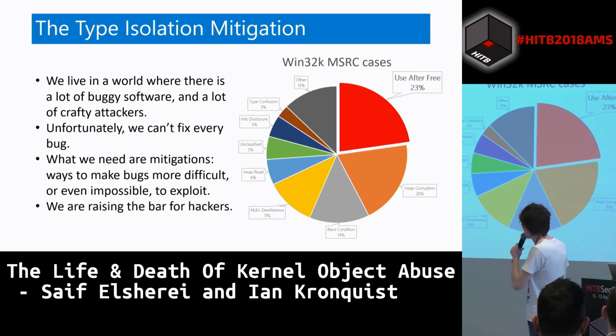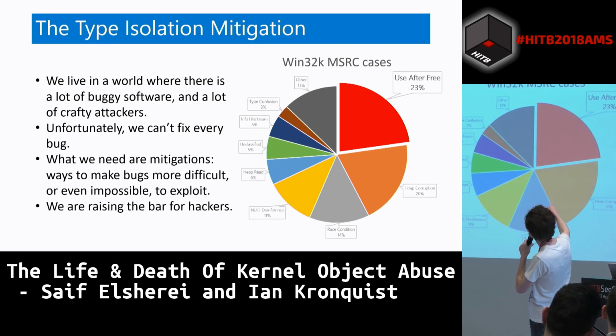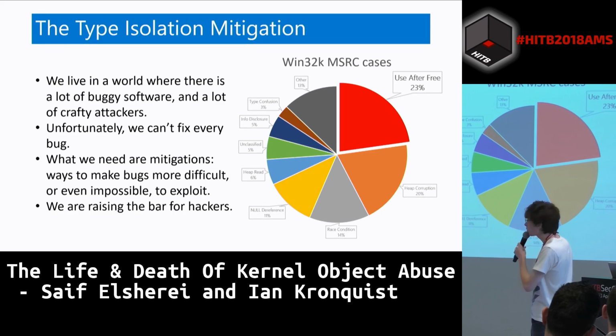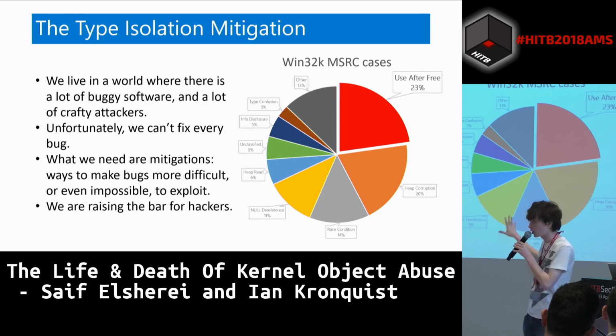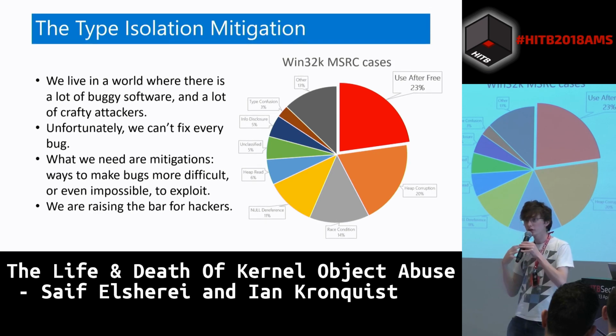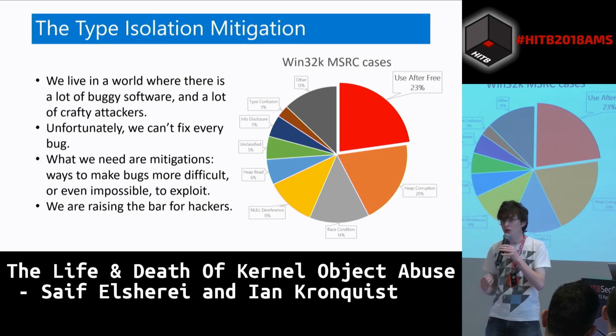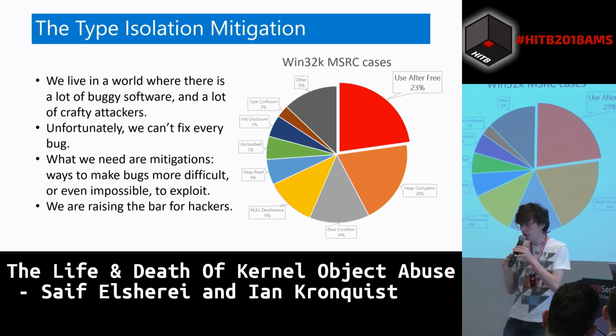And we chose this big red sector right up there, use after free. Of all the types of bugs which we found in Win32k, 23% of them are use after free. And use after free is a relatively consistent class. So it's a great target for a mitigation.